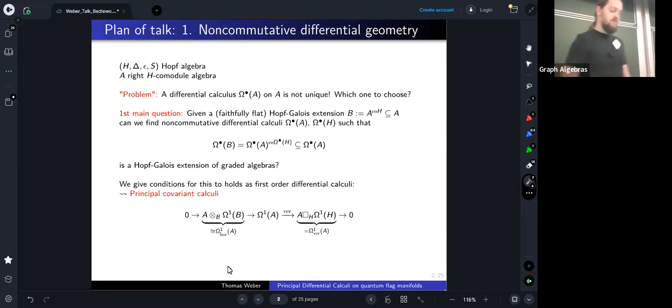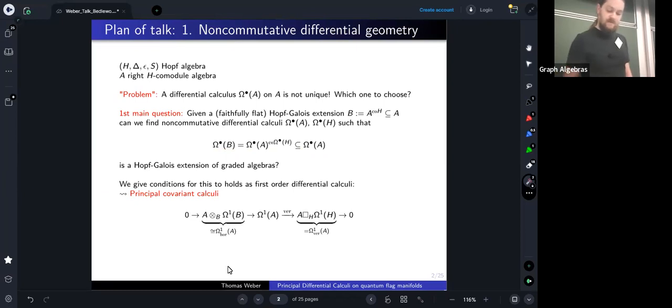And what we're going to see is that on those bundles, we can find differential calculi such that we get a graded quantum principal bundle. You will get a graded Hopf-Galois extension here. And so this will lead us to the notion of a principal covariant calculus. And those will be calculi satisfying this kind of sequence here, where you have horizontal forms into vertical forms.